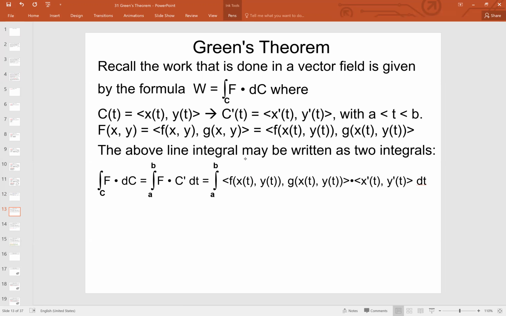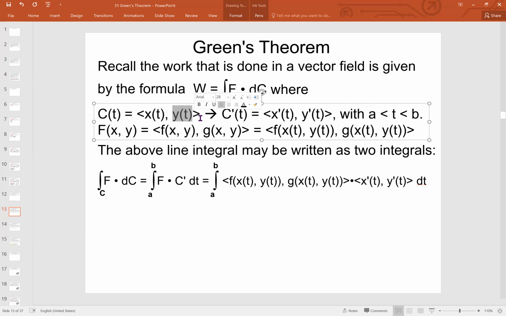One is the i component of the vector field, f, acting with x(t) and y(t), and the other is the j component, g.